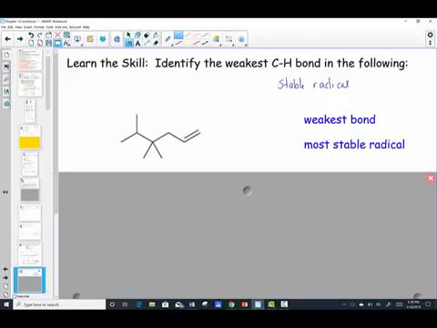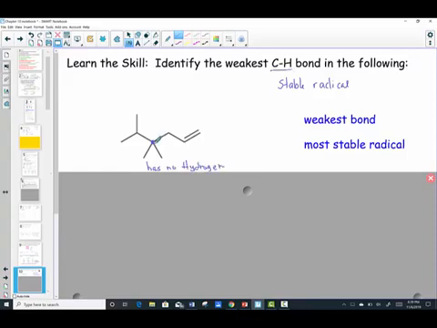Well, a beginning learner might be tempted to think this carbon is the most stable configuration because it is the most substituted. And I emphasize that that's not correct because this carbon has no hydrogen on it. And therefore, it doesn't meet the criteria of meeting the CH bond being the weakest.